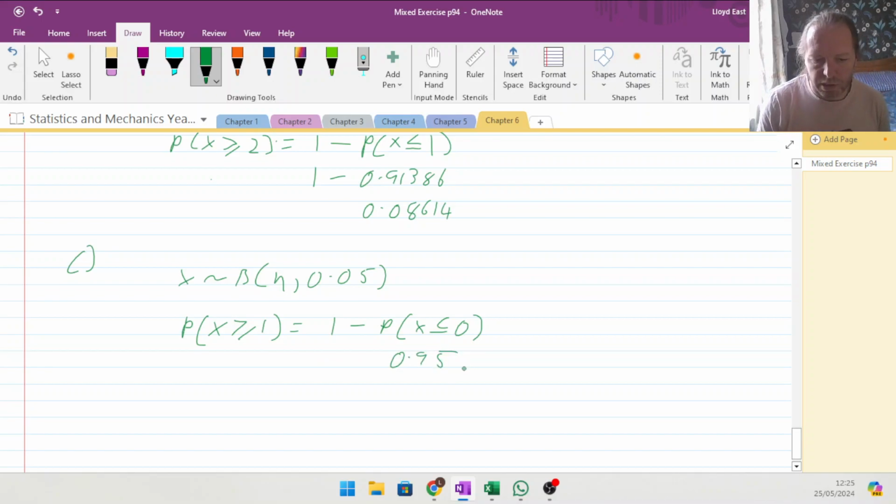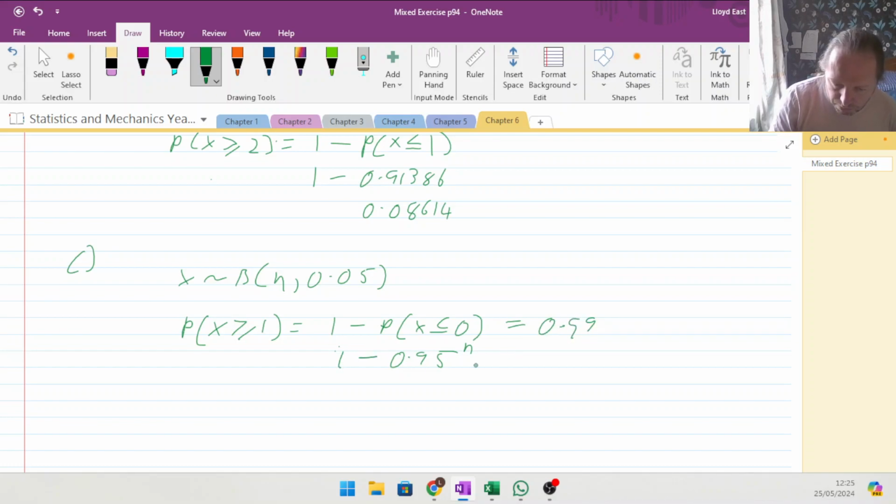And if we want it to be equal to 0, we are going to have 0.95 raised to the power n. And that needs to come through. So if we can get at least one success, it's 0.99.